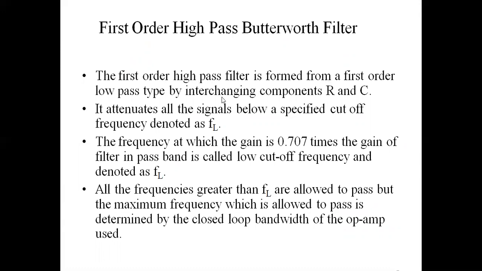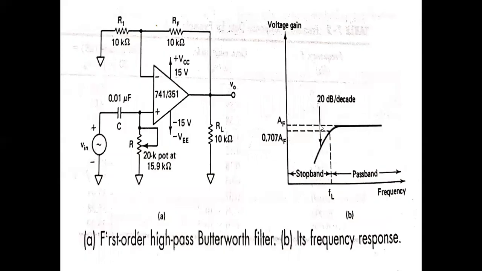It is formed from the first order low pass filter by interchanging R and C, and it attenuates all signals below a specified cutoff frequency denoted as FL. It will attenuate all the frequencies below the FL frequency, that is the stop band.